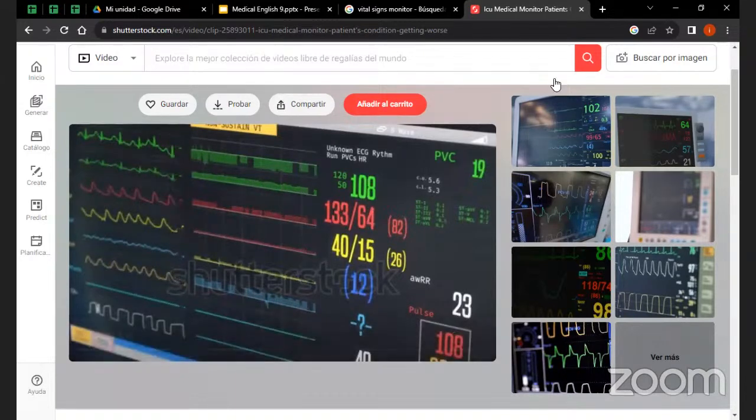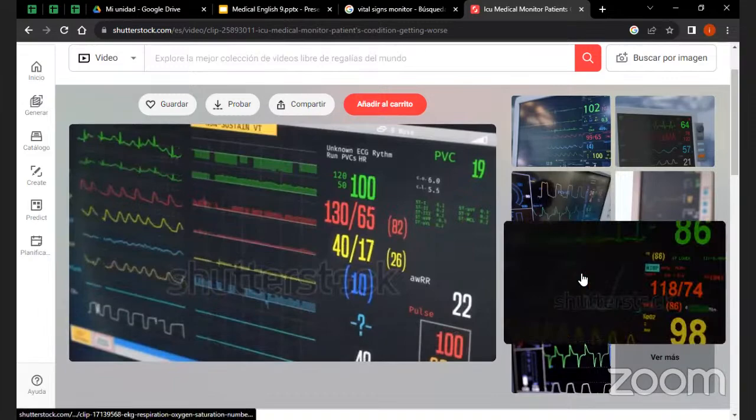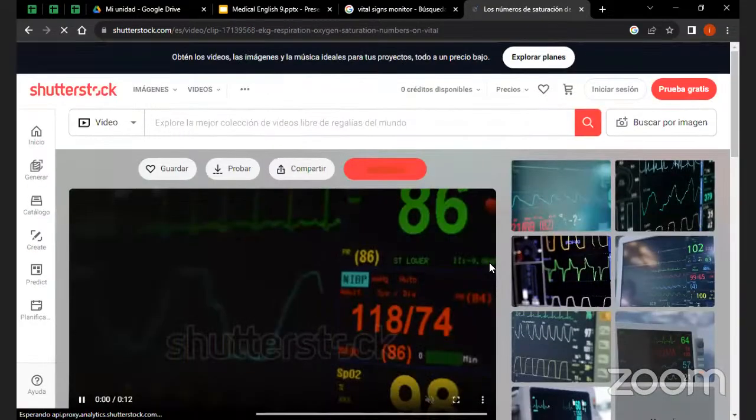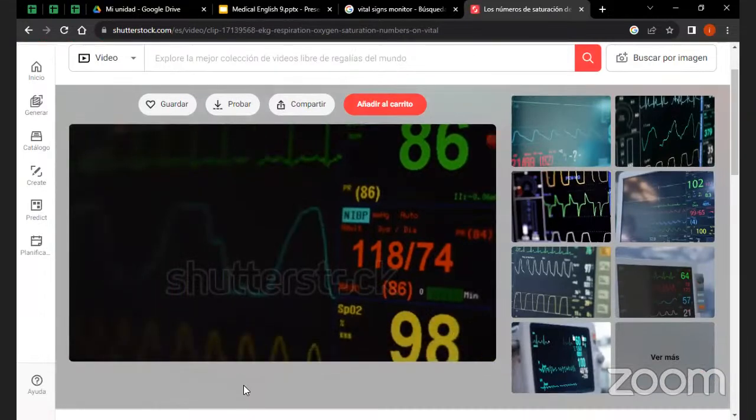Okay. Let's look for this one. Imagine, okay. It's not so clear. Well, values are possible to watch, right? Yes. Okay. Well, the overall snapshot of your patient, of your family is good.